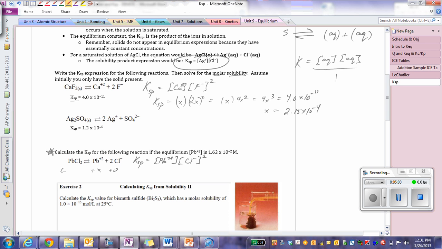They're telling us the concentration at equilibrium is 1.62 times 10 to the negative 2, and we take two times that amount to figure out the chloride concentration. So 2 times 1.62 times 10 to the negative 2 gives 0.0324 squared, and that will give us the KSP.